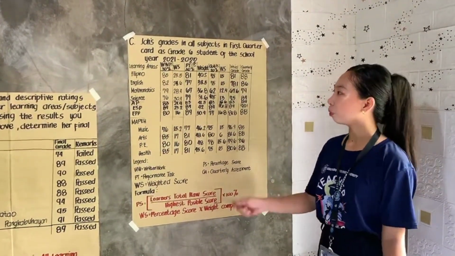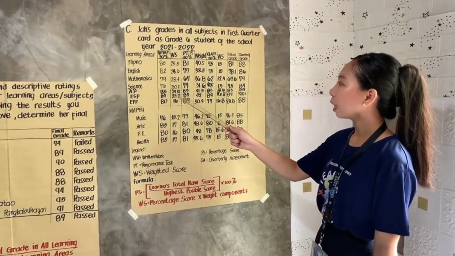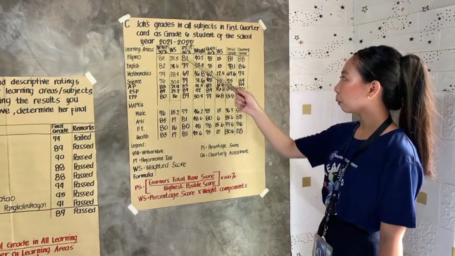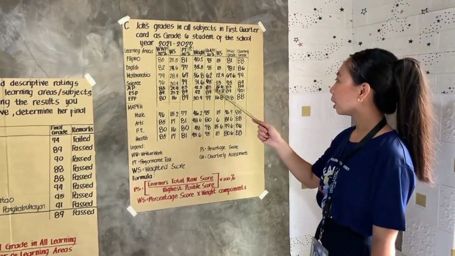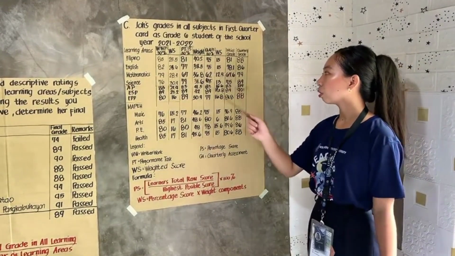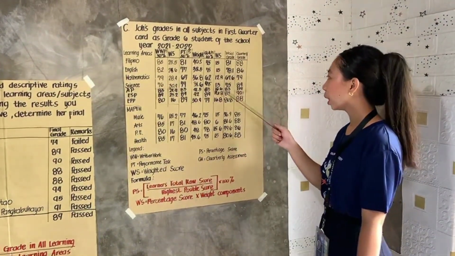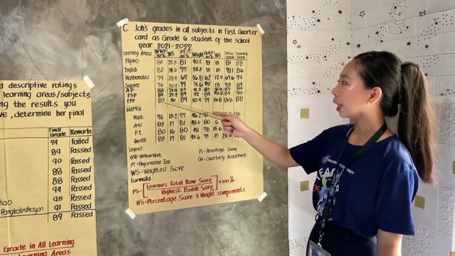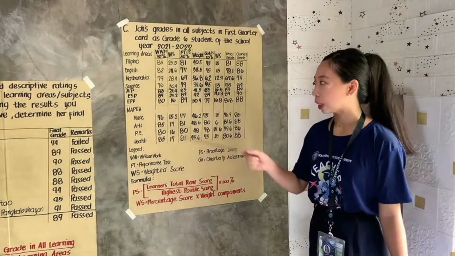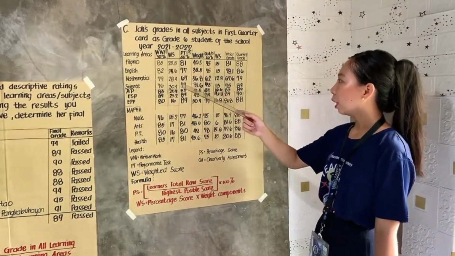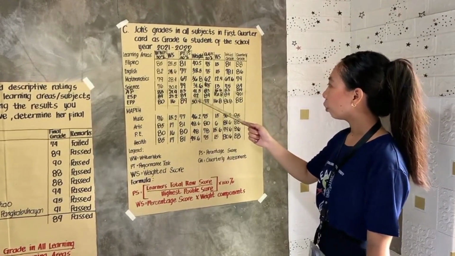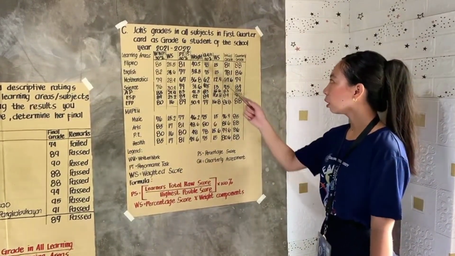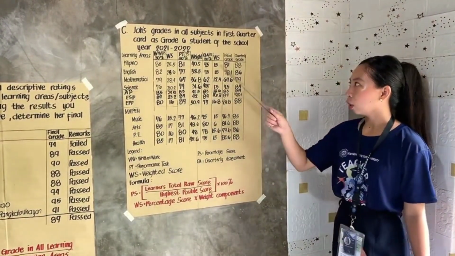And in Araling Panlipunan, he got 24.9 as a weighted score in written work, and 41.5 in performance task, 16.6 weighted score in quarterly assessment. So he got the initial grade of 83. And in Edukasyon sa Pagpapakatao, he got 23.2 in written work, and he got 42 in performance task, and in quarterly assessment, he got 16.8 weighted score.